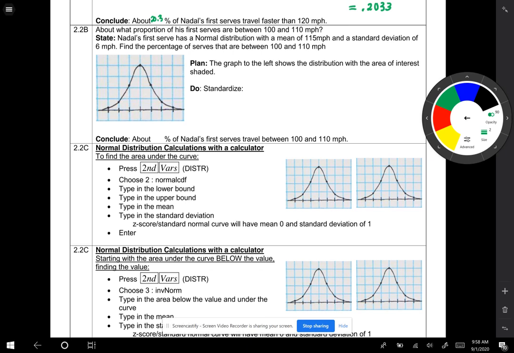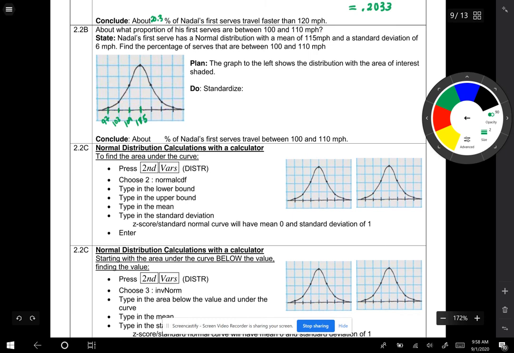Find the percentage of serves between 100 and 110. So here's 115. Because we want everything to the left of it, we don't need to sketch the right side. So 115 minus 6 is 109, minus 6 is 103, minus 6 is 97.